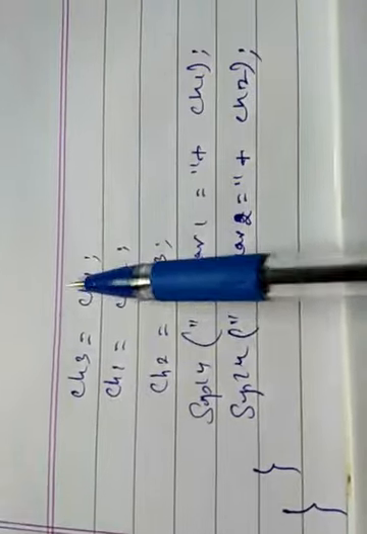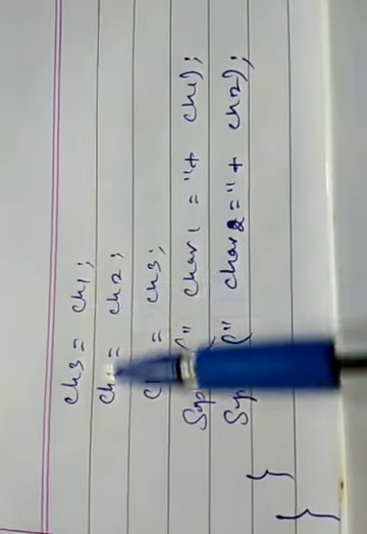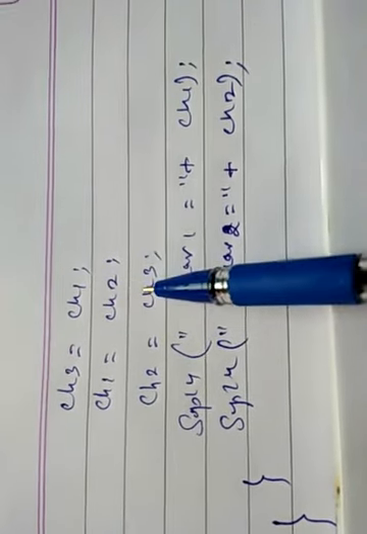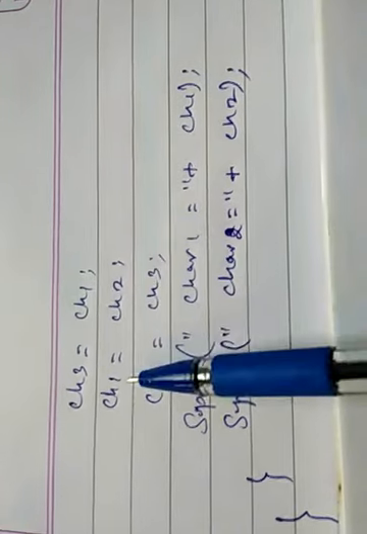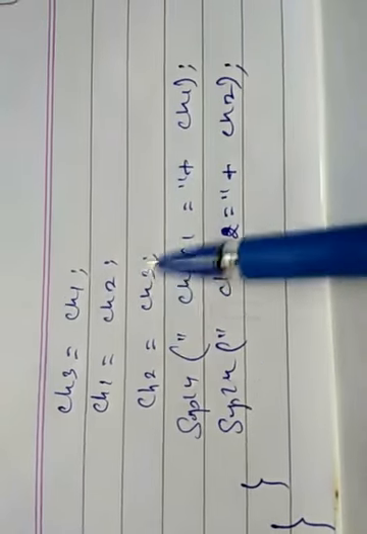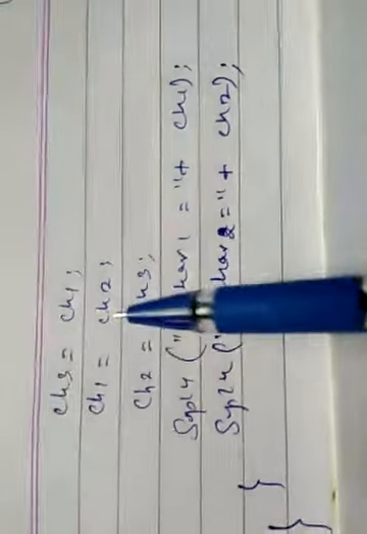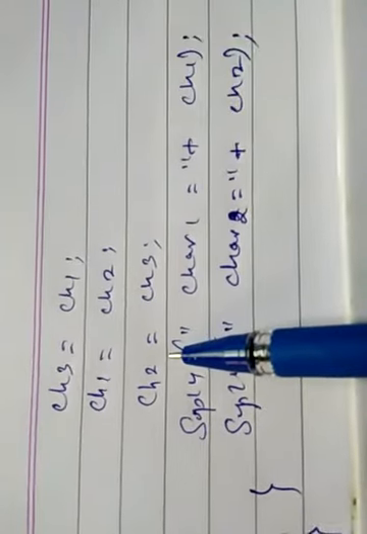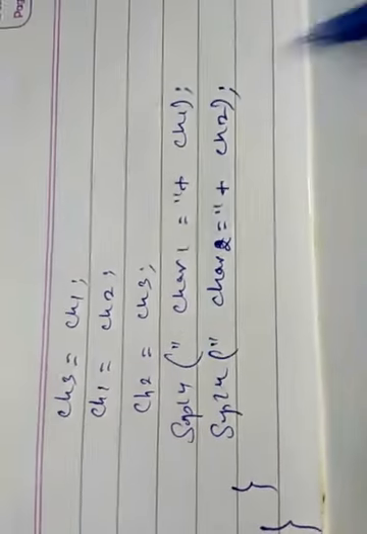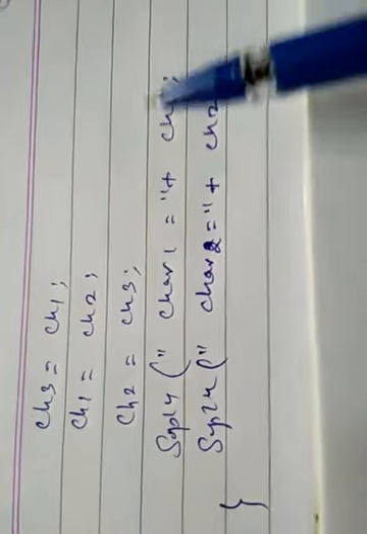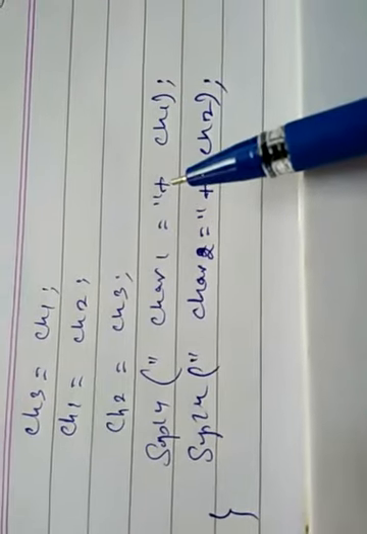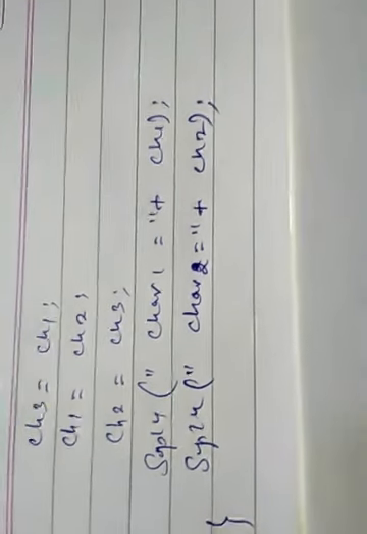The value has now been swapped, and now we are printing character 1 equals ch1 and character 2 equals ch2.